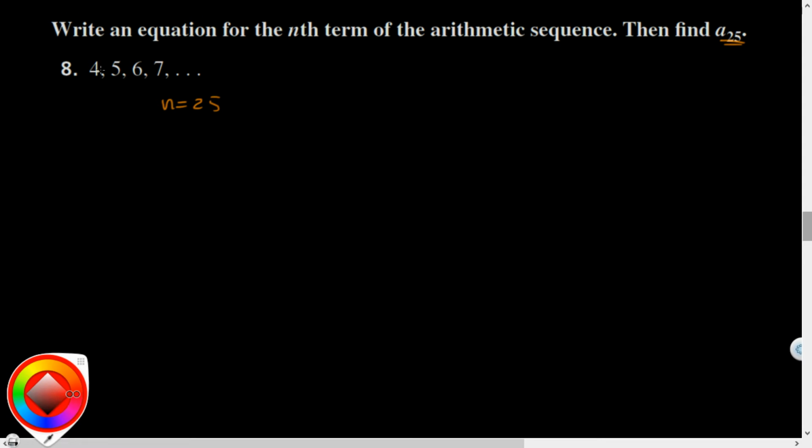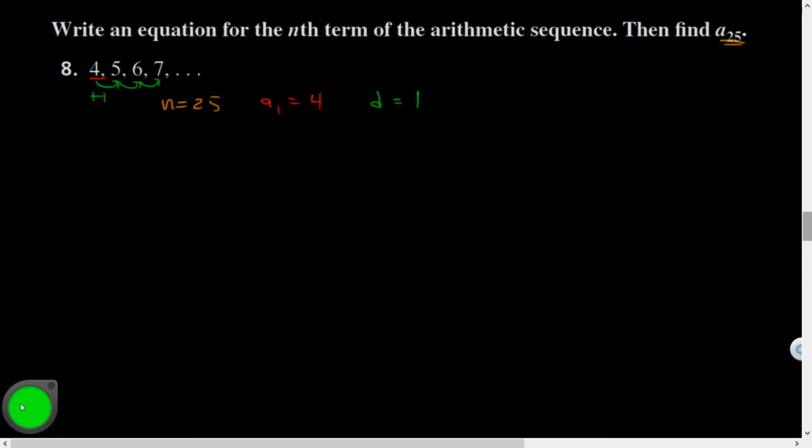My starting value, my first term, a sub 1 is equal to 4. My common difference, d, is, let's see, oh, that's an easy one. Looks like plus 1, so it's positive 1. And so if I want to find the 25th term, a sub 25 is what we refer to that as.